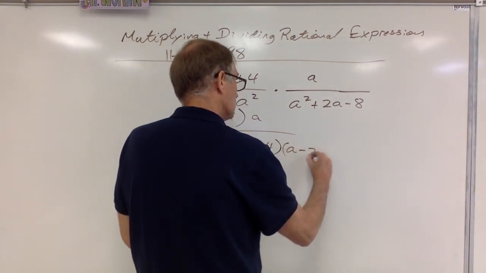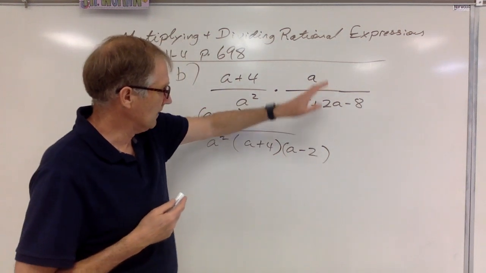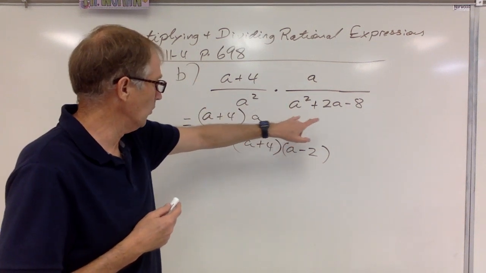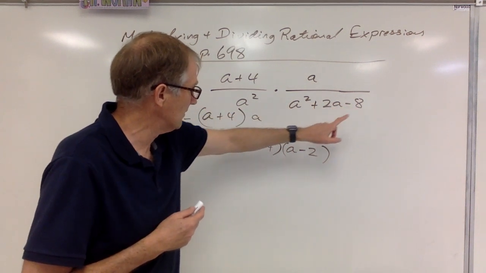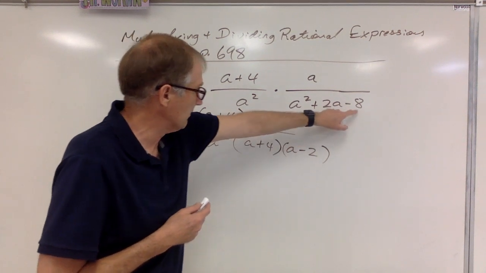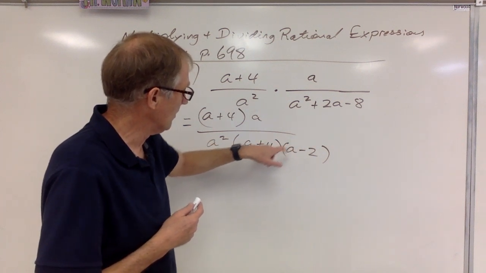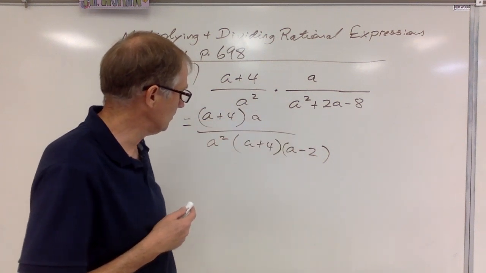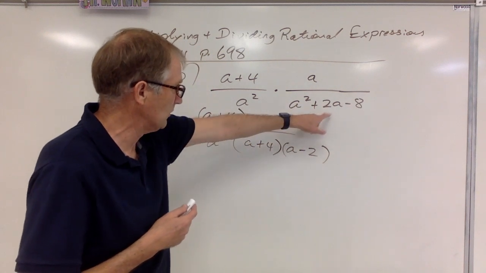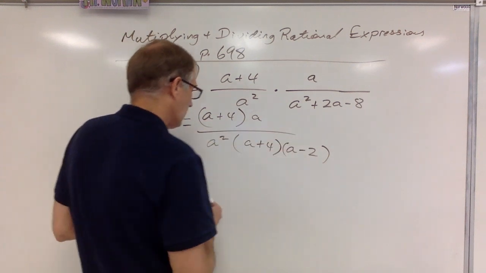Let me point out what I just did here. I needed to know what factors of negative 8 are going to give me plus 2. Well, 4 times negative 2, when added together, give me positive 2. I could have done negative 4 and positive 2, but that wouldn't have given me a plus 2a. So that works out.